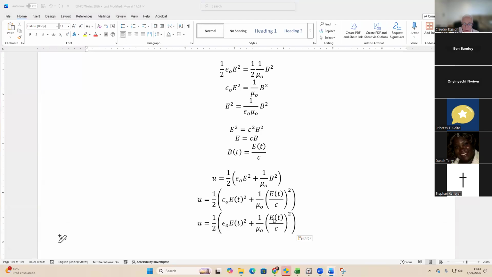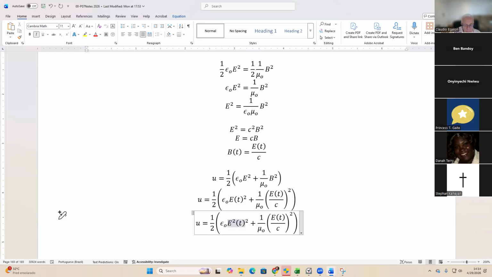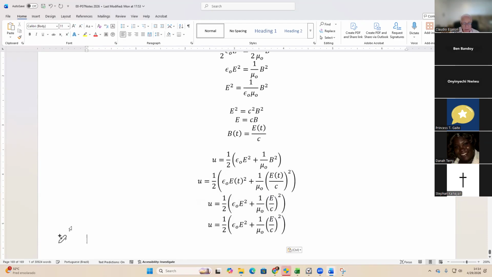It's better if you put this square right in here, right? No, let's leave it here. Well, you know what? I'm going to take this dependence on t out here, otherwise the notation becomes too confusing, but it stays implicit that E is a function of time.